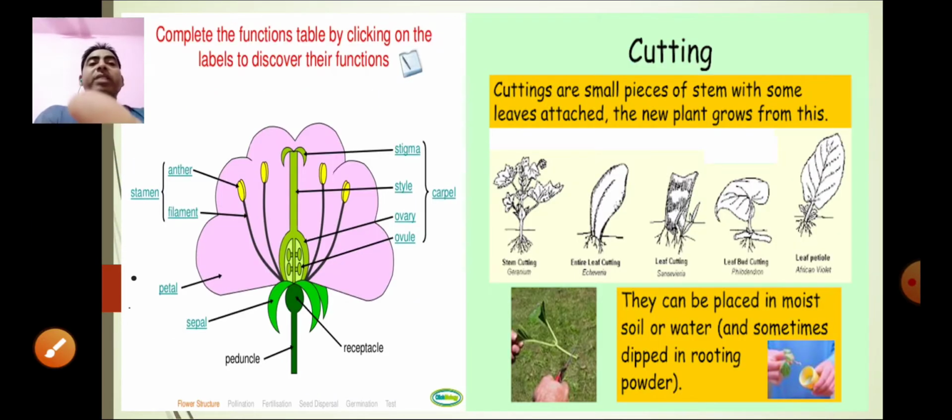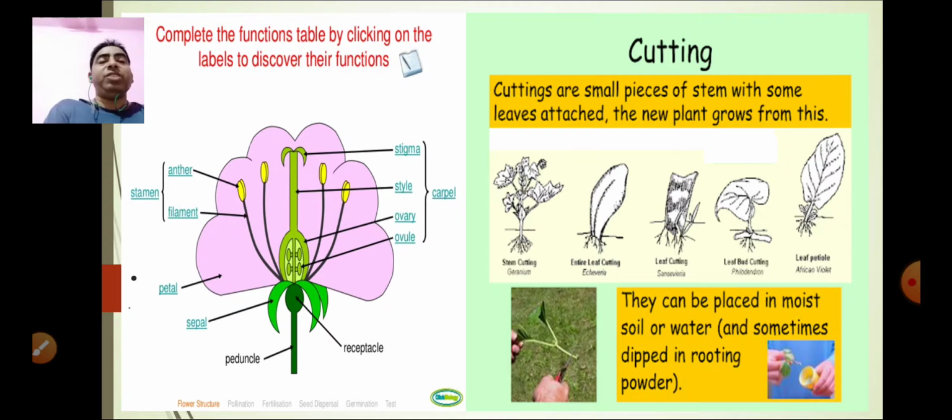Now we are coming to cutting. Cutting comes in the artificial methods of vegetative propagation. First of all, what is vegetative propagation? Vegetative propagation is a type of asexual reproduction in which new plants are produced from vegetative parts of the plant like roots, stem, leaves, and buds.